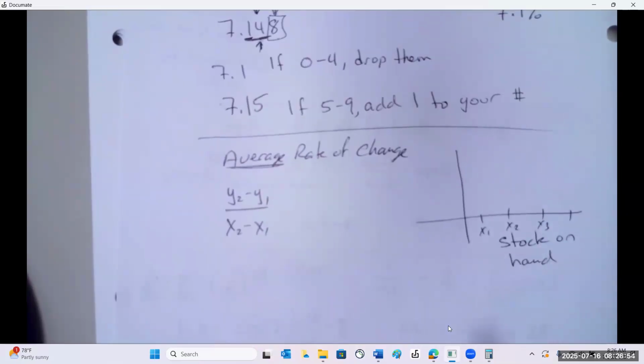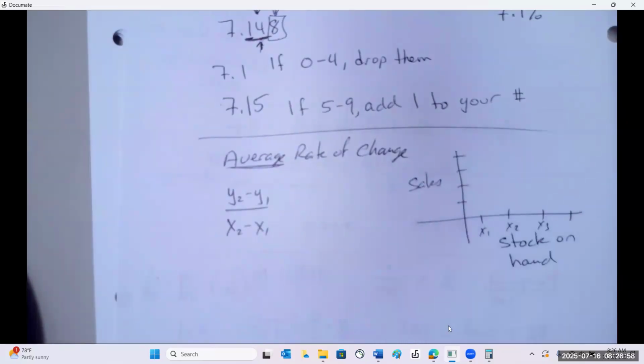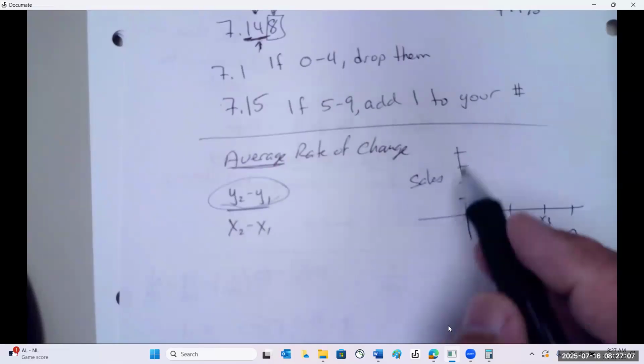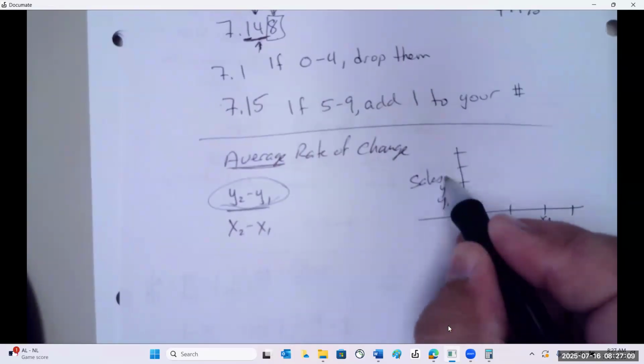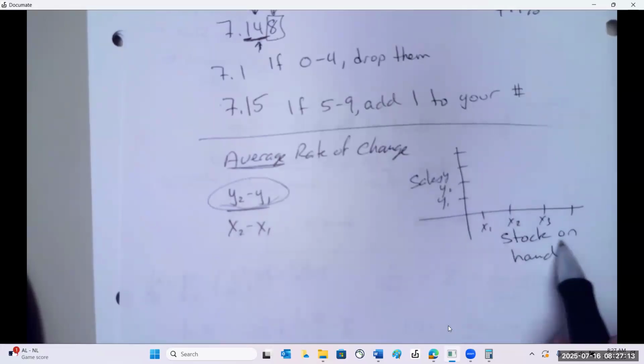And here we can look at our sales. So the average number of sales, which are the Y values, Y1, Y2, is the number of them divided by how many you have on hand. So it's an average of number of sales.